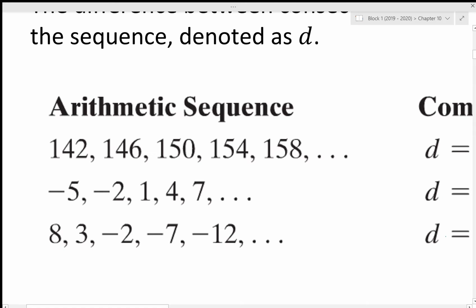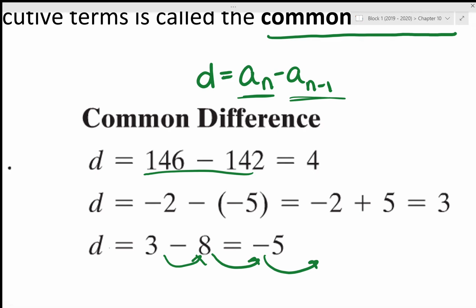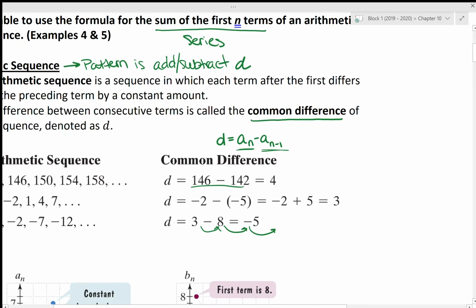And with the last one, the pattern is to subtract 5. If you ever want to figure out the common difference, take a sub n, so take any term you want, and subtract the previous term. n minus 1 is the term before the nth. So that's how we got the 4, the 3, and the -5.